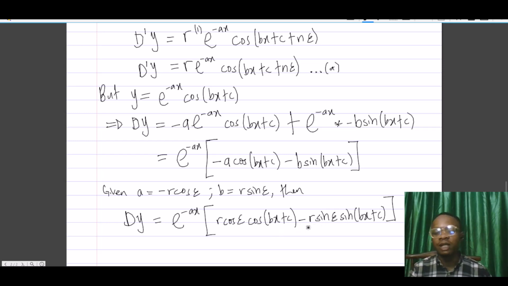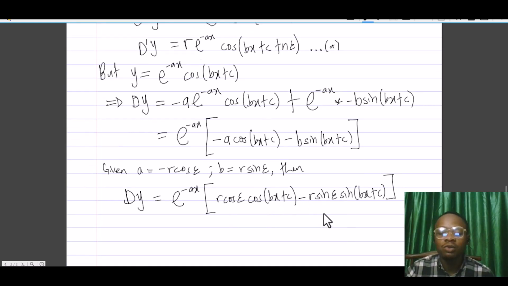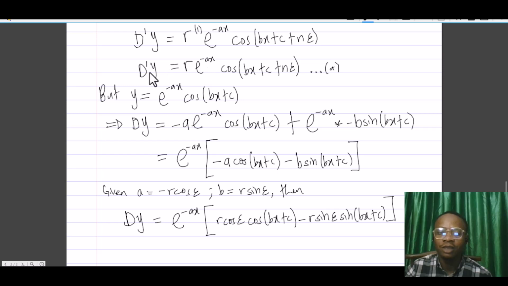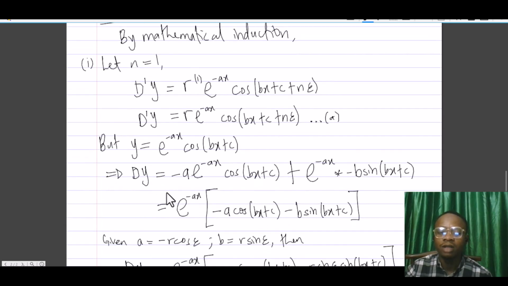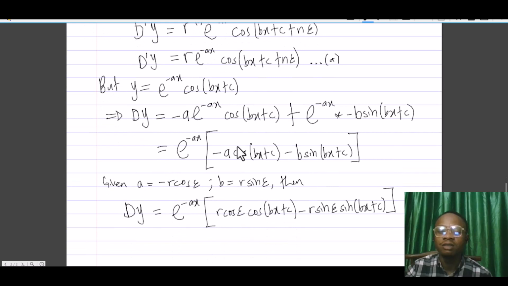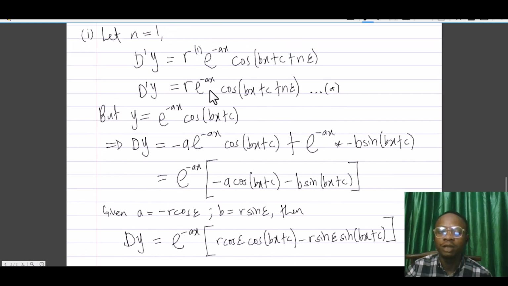And doing this, we now have something that is common to both of them. Again, we have r common to both of them, so we can move out r. Don't forget, we are trying to work towards this expression, that is, to verify that this derivative is equal to what is provided by this formula when we substitute n equal to 1.